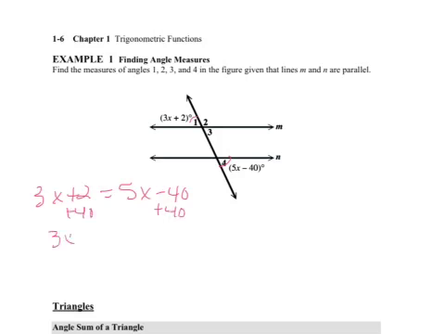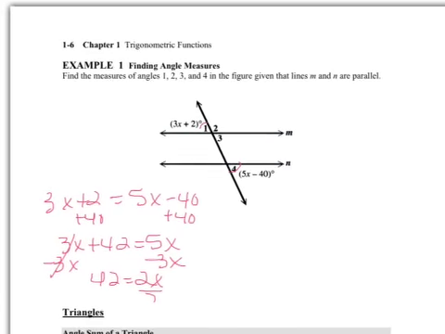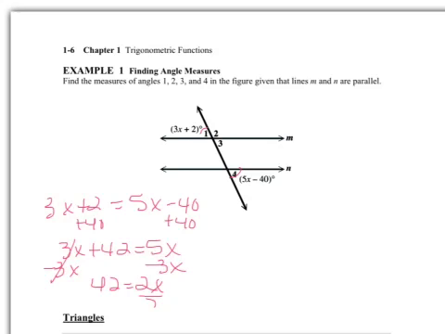So here then I would have 3x plus 42 equals 5x. In reality, you could have subtracted 3x from both sides, subtracted 2, subtracted 5x, it doesn't matter. The way I'm doing it, I'm going to subtract 3x from both sides next. Then these would cancel out, and I would have 42 equals 2x. Then next I would divide both sides by 2. And so I would have x equals 21.